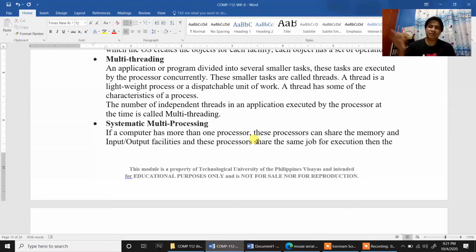But way back before, when we were still on Pentium 1, Pentium 2, all of the applications should be used minimally. Unlike now, we have applications that we can perform in a multitasking capability. Okay, but systematic.